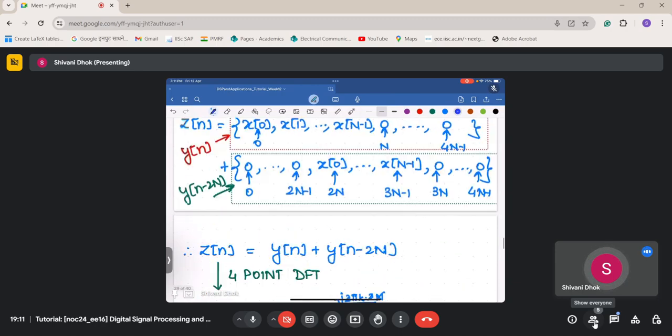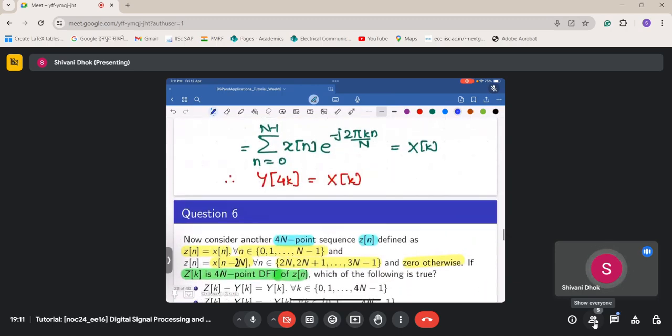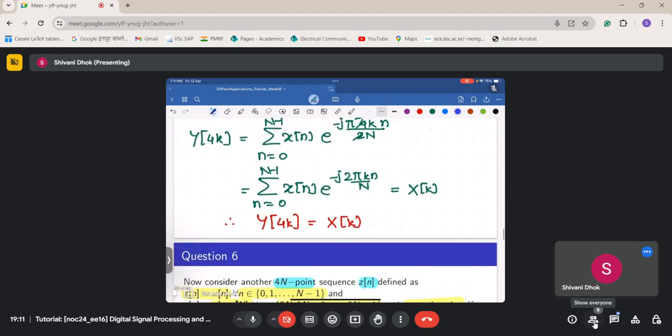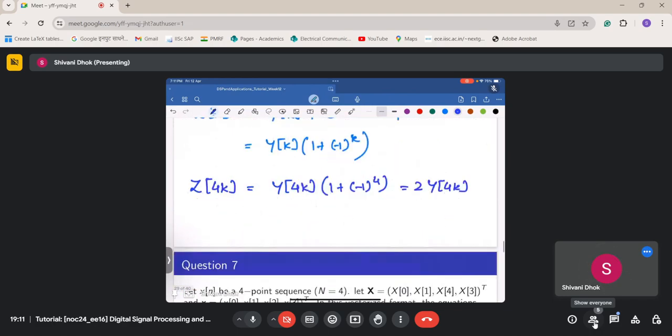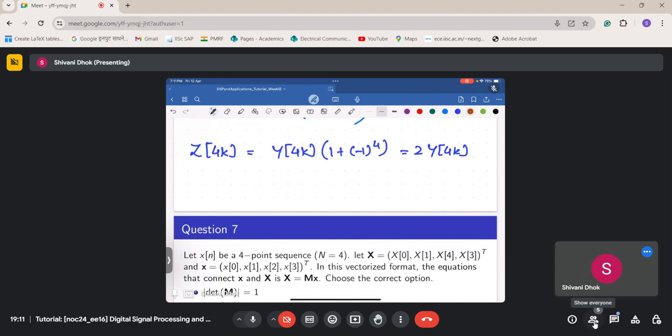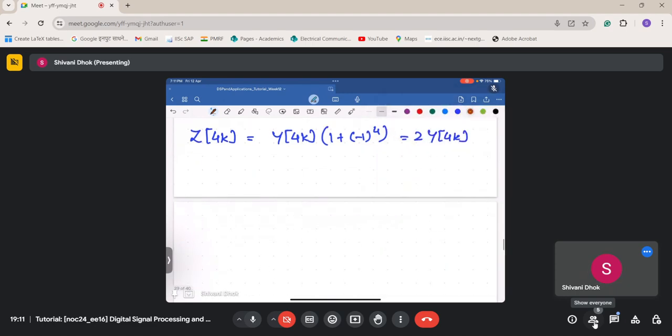Now this y of 4k is equal to x of k from the last question, or the previous question.